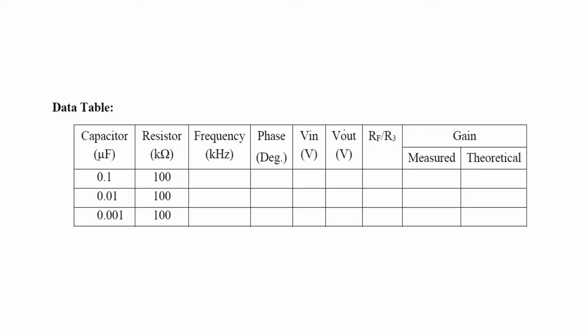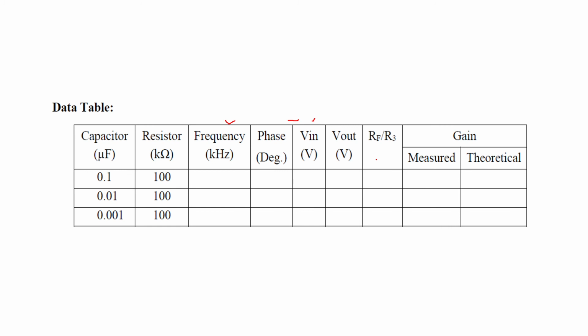Then you have to change the value of the capacitor and find the frequency, the phase, whether there is any phase difference between V in and V out, and also the gain.